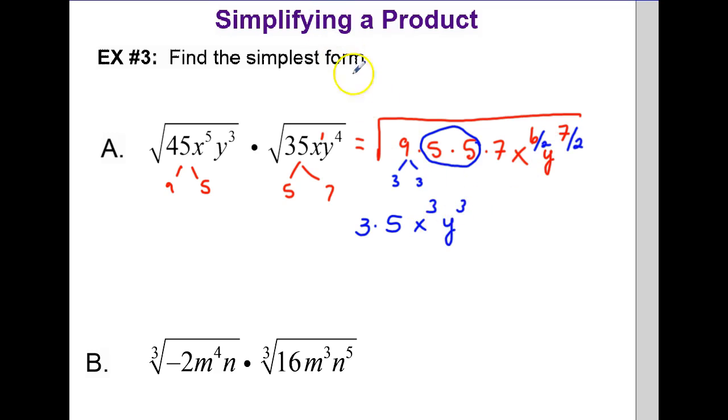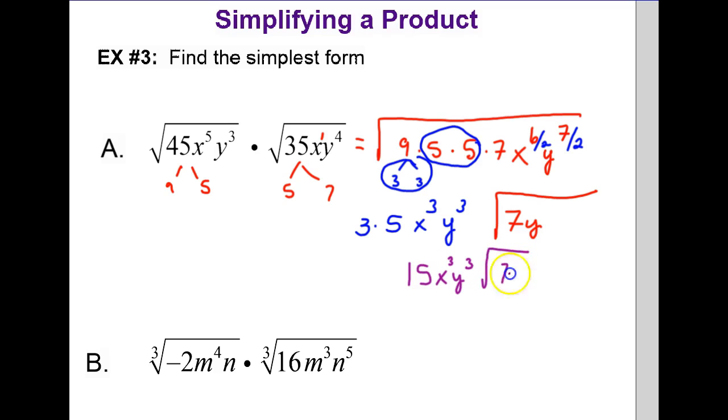And now we've got to look at what's left underneath the radical. I took care of these 3's, so they already came out. So the only number that's left underneath the radical is a 7 and a y. So when I finish and write the whole answer down now, 3 times 5 is 15, x cubed, y cubed, and what's left? 7y. So that's how we simplify those harder problems. All right, let's take a look at B.